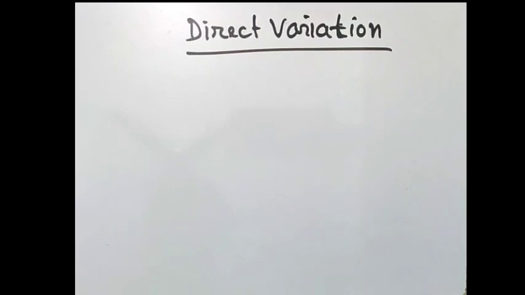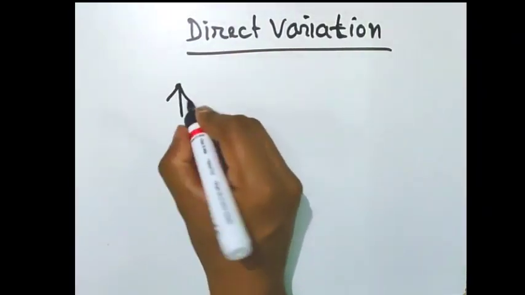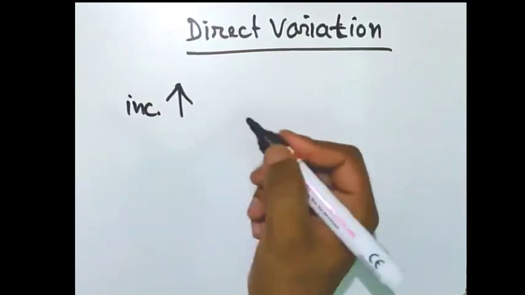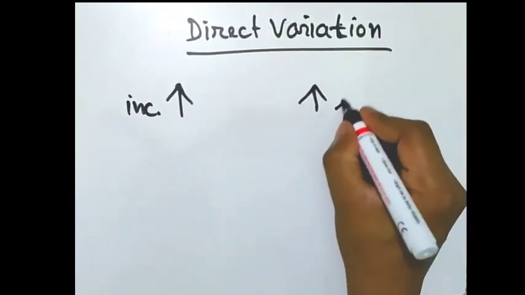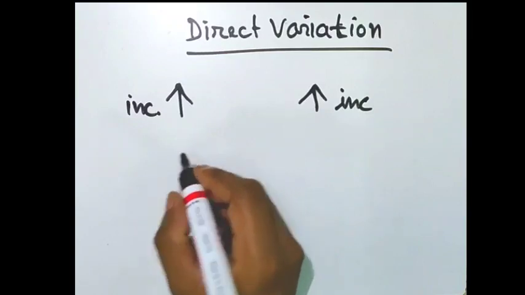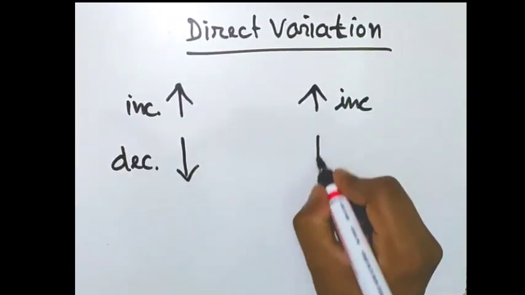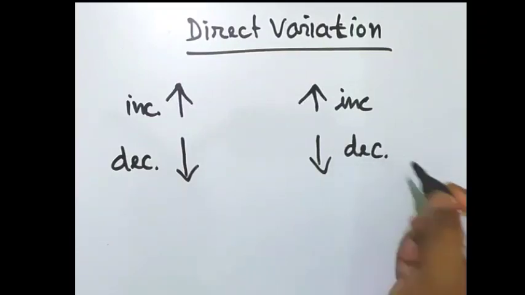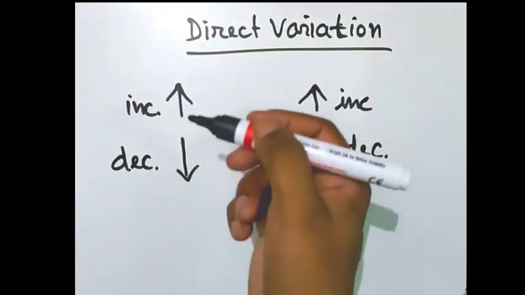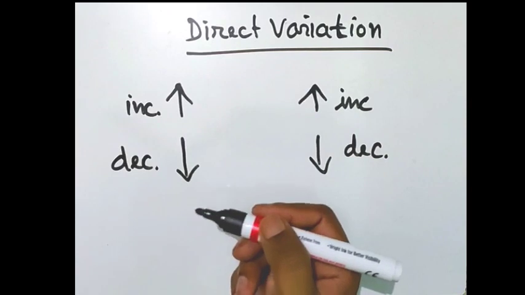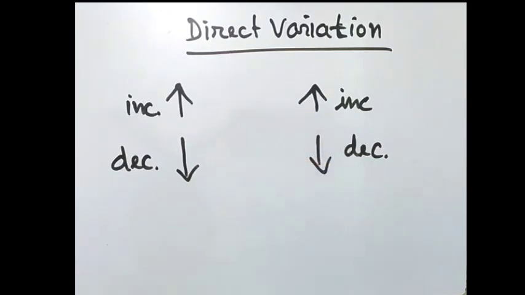So basically direct variation means if I increase one quantity, then the other quantity also increases. If I decrease one quantity, then the other quantity also decreases. So there is a direct variation, right? So there is a direct relation.